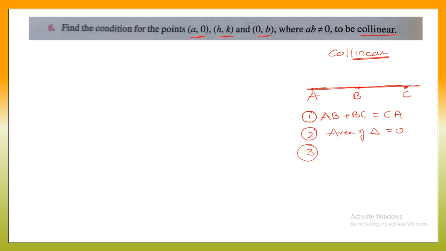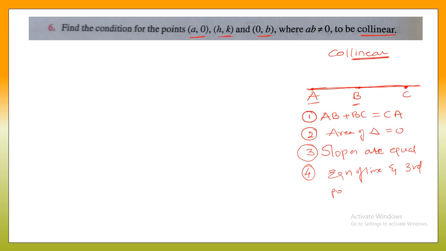If such a condition exists, then their slopes are equal. So if lines are parallel, then their slopes are equal. Using that concept also we can prove it. There is one more thing: using any 2 points, if you form a line, you can find the equation of the line and the third point.